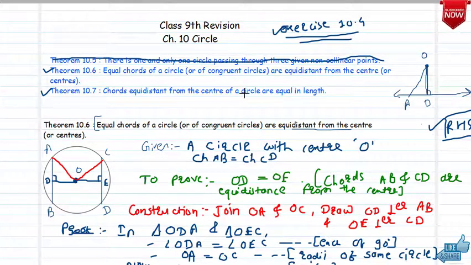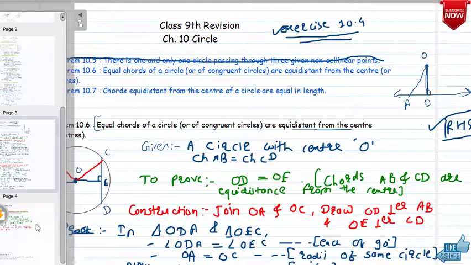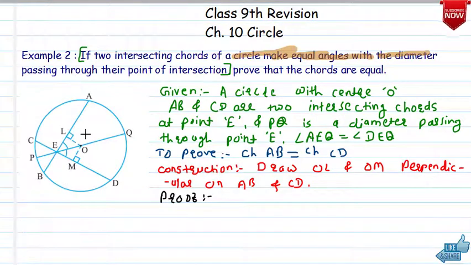If you forget this theorem, just go back and watch that video, or I will give you the link in the description below. So if we show these perpendicular distances are equal, then we can say that these chords are also equal.